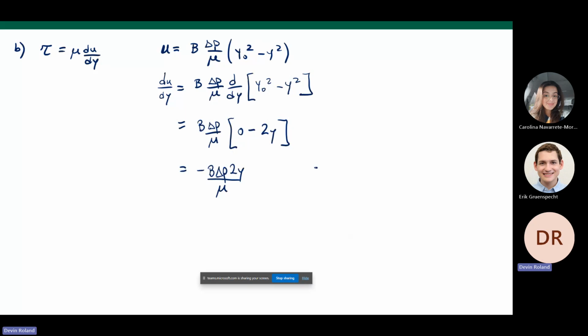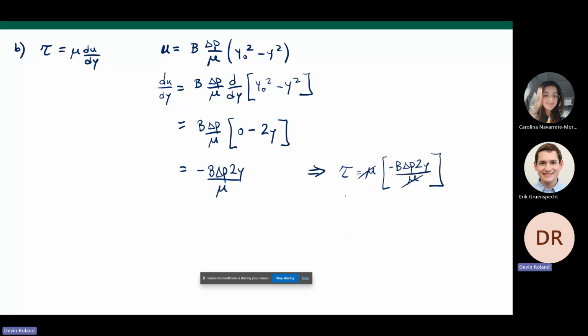So now, knowing that, we can say that our shear equation is equal to mu times what we just found there, negative b delta p 2y over mu.